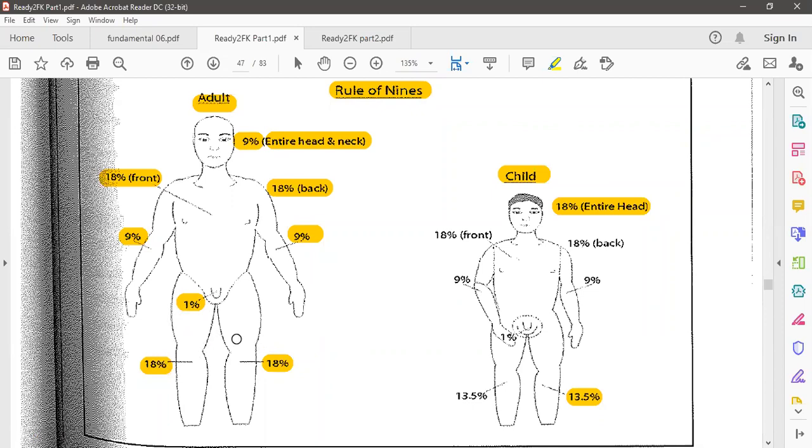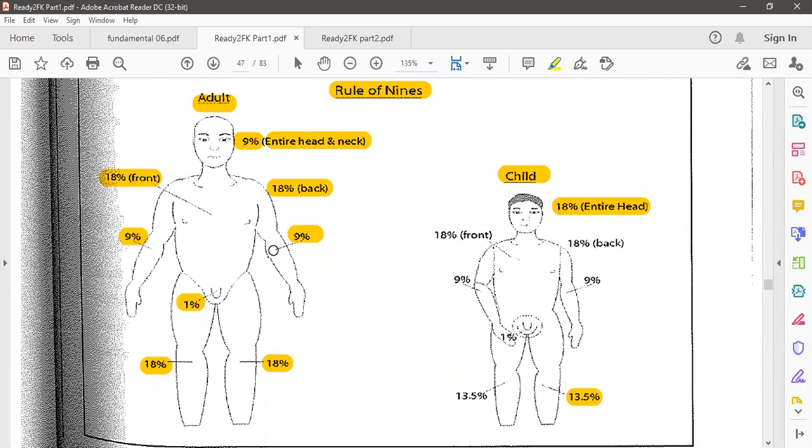So if I say both legs anterior and posterior have been burned, means 18 plus 18, or 18 multiplied by 2, 36%. Like left arm and right arm, both anterior and posterior burned, means 9 and 9, 18% involved.